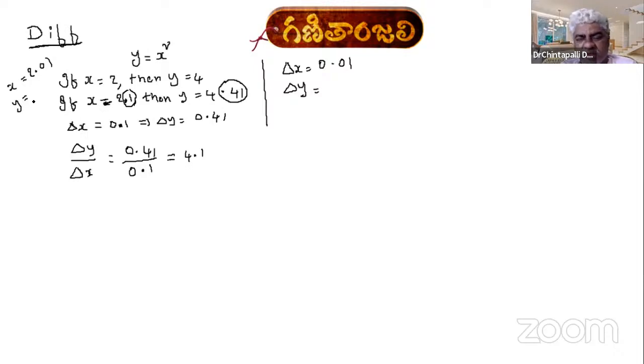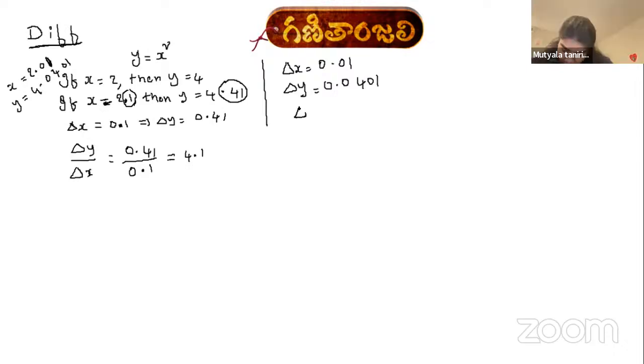You need to find the value of 2.01 whole square. 2.01 whole square is 4.0401, right? So delta y is equal to 0.0401, right?